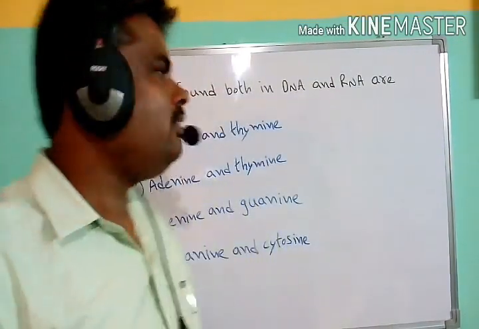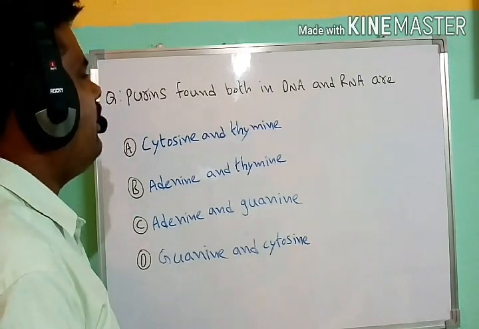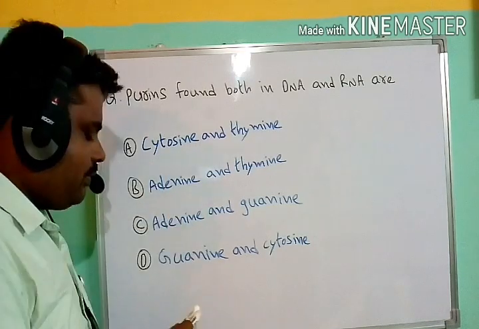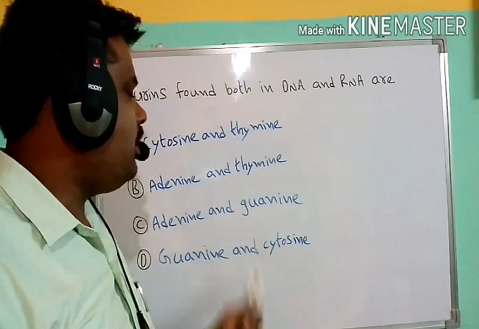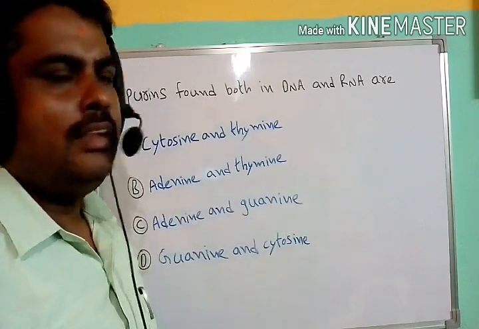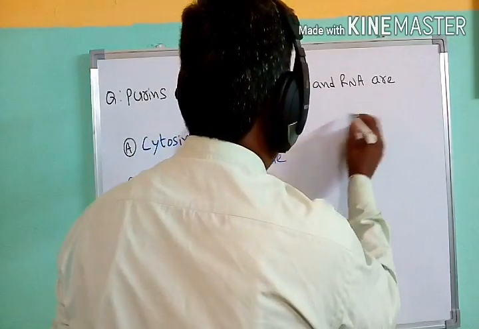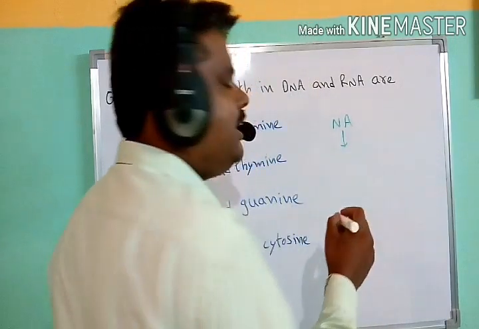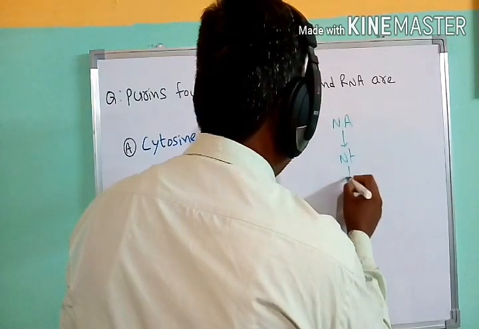Let's come to the next question. Purines found in both DNA and RNA are: here they have given some options related to purines. Among all these options, which are present in nucleic acids? As we know, DNA and RNA are both commonly called nucleic acids. These nucleic acids are polymers of nucleotides.